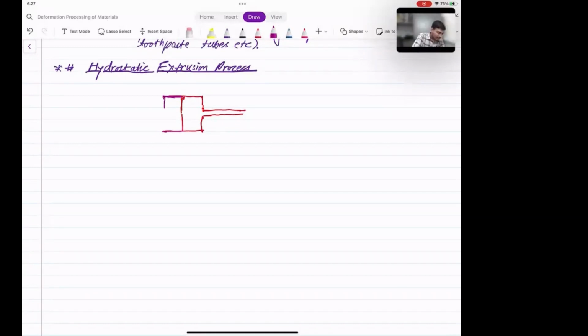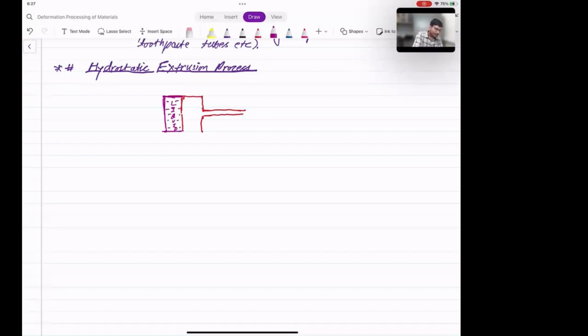Here comes the liquid. So here there is some liquid, which in turn will apply the hydrostatic pressure.